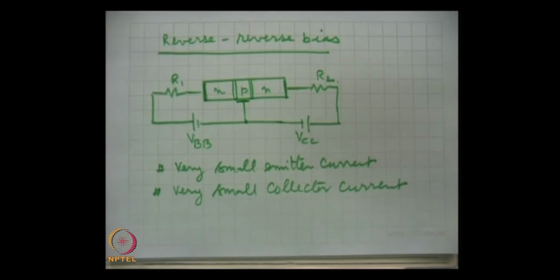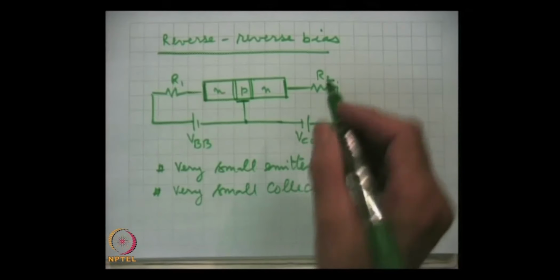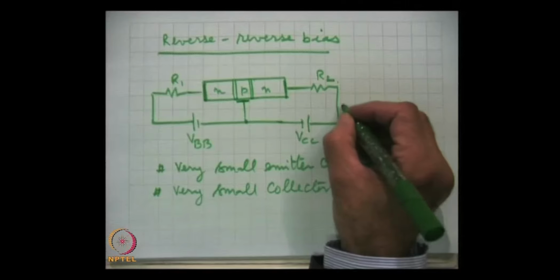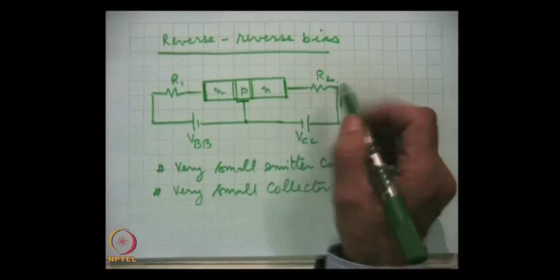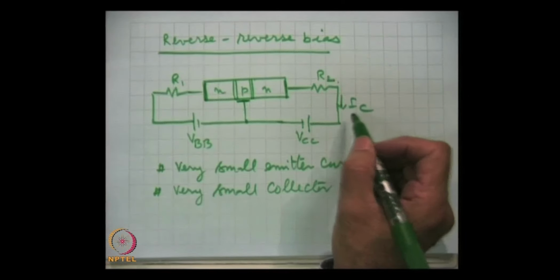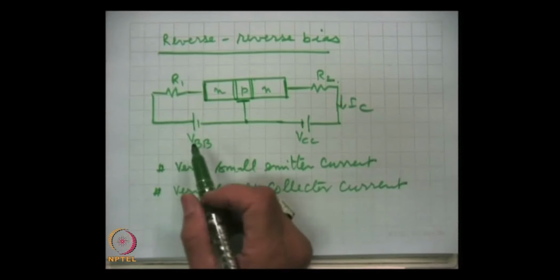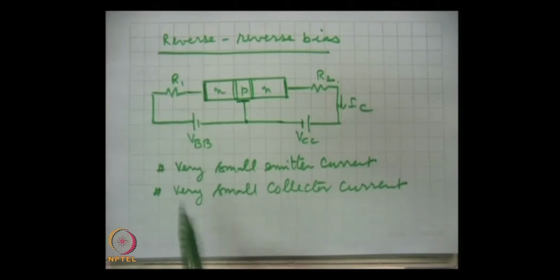Here also the situation is that the collector current I C will not be dependent on the input current. The two currents are independent.